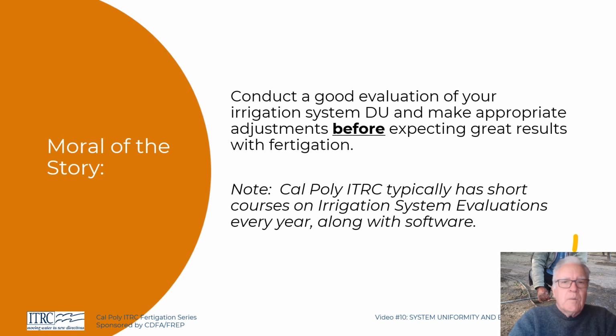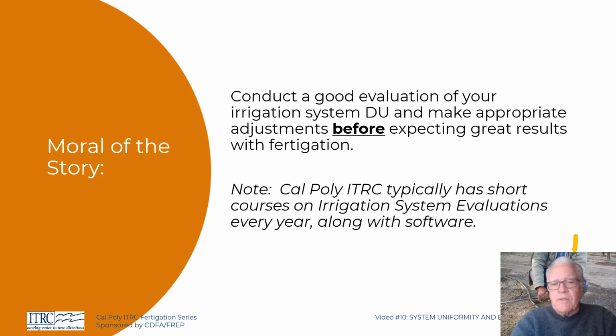So what's it mean? Well, before you expect tremendous results from your fertigation program, you really ought to take a look at the distribution uniformity of your irrigation system and try to tighten it up a bit. It's good for water distribution and for fertilizer distribution, and certainly it is really good for more uniform crop growth.